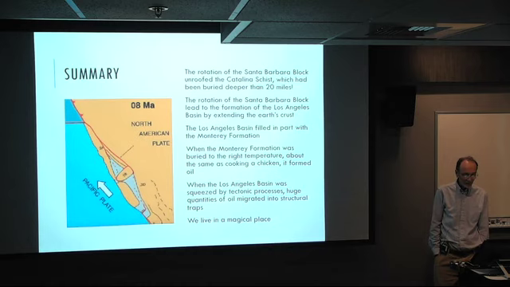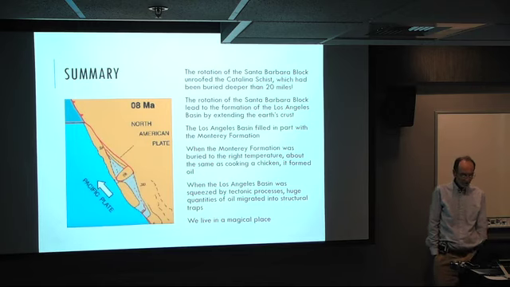The rotation of the Santa Barbara Block led to the formation of the Los Angeles Basin by extending the Earth's crust, pulled it apart, made a hole. The Los Angeles Basin filled in part with the Monterey Formation. When the Monterey Formation was buried to the right temperature, about the same as cooking a chicken, it formed oil.